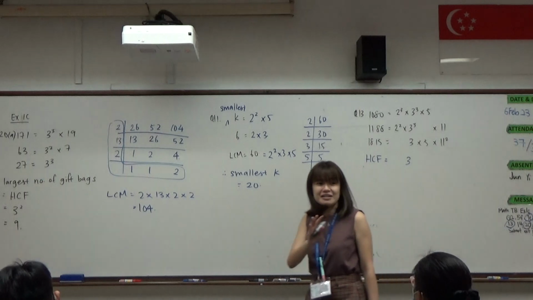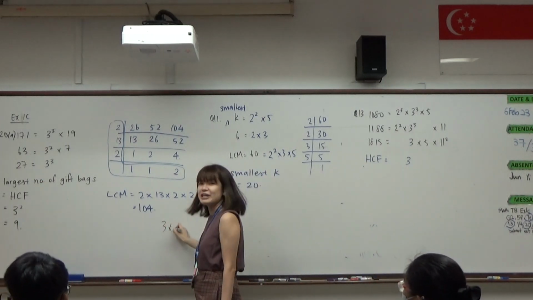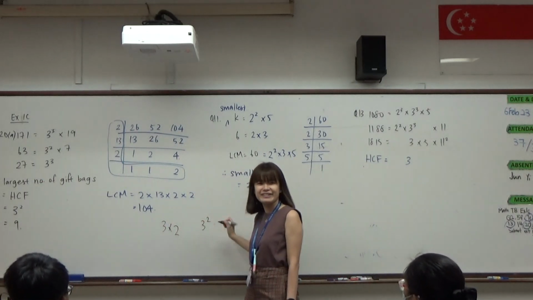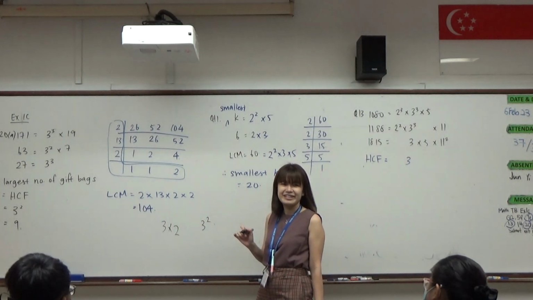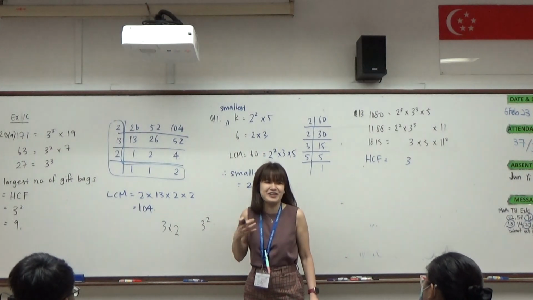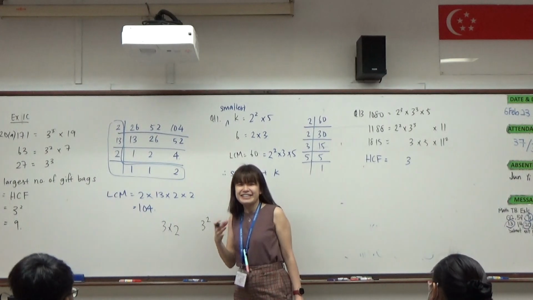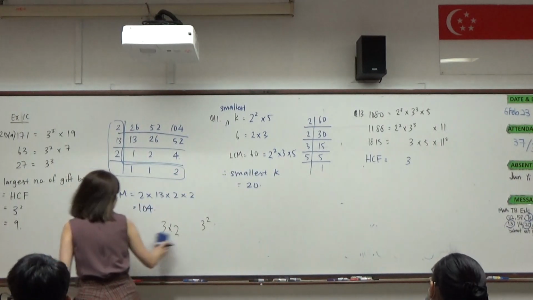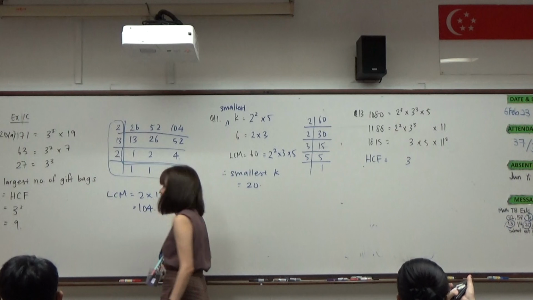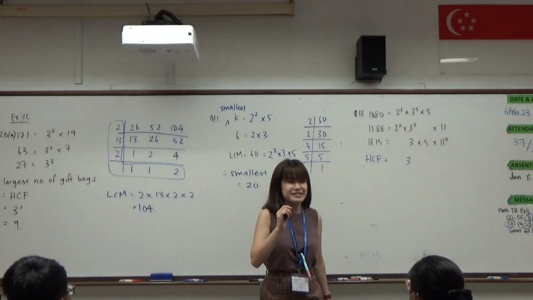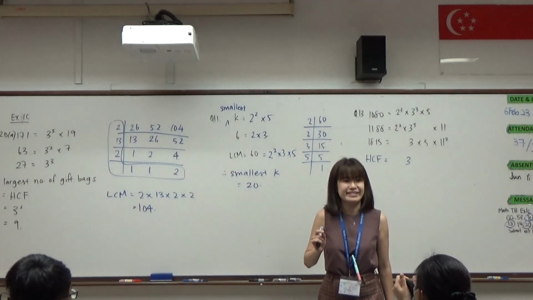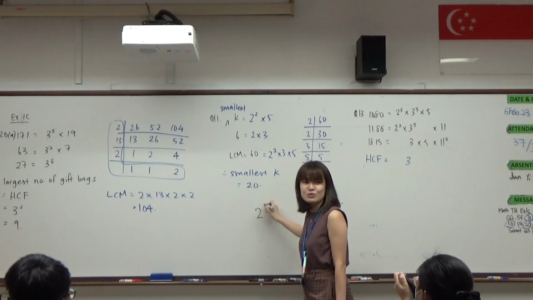Not 3 times 2. If it were 3 times 2, I would just write 3 times 2. Why would I write 3 squared? You recalibrate yourself. 3 power 2 is 3 squared, is 3 times 3. Can you tell me what is 2 to the power 3?